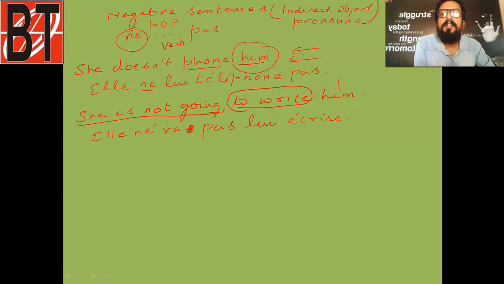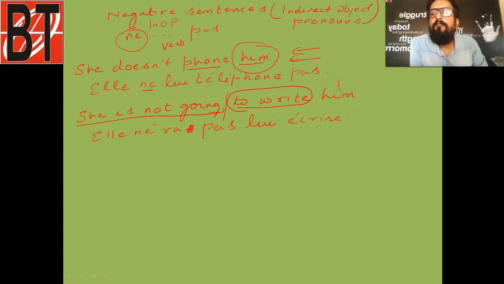But when the sentence is formed out of two clauses, then elle ne va pas. This is the one clause that is negative, to write him. So when the main clause and the subordinate clause make a sensible logical meaning, then the subordinate clause would always take the indirect object pronoun. That's why I am writing elle ne va pas lui écrire.